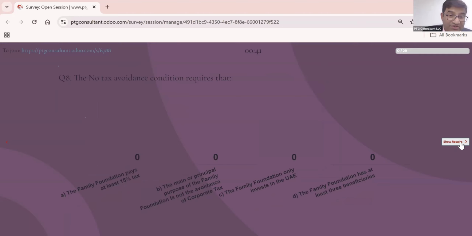Now, this is another condition, the no tax avoidance condition. We have to justify that we are applying for transparency, or running this activity, or the family foundation, but the main objective is not the avoidance of taxation. I actually have a question here.